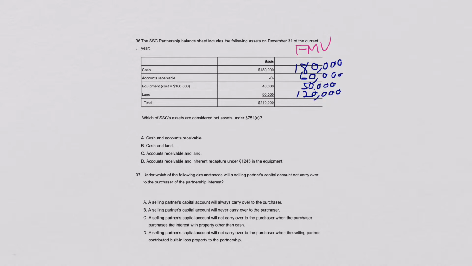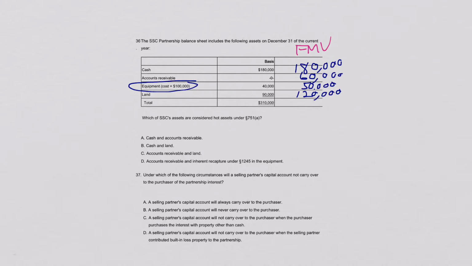Try one more problem here, see if we can do it. This question doesn't require too many calculations, I see. It just asks which of the assets are considered hot assets, and the information that they give you regarding the equipment is that the cost was 100.